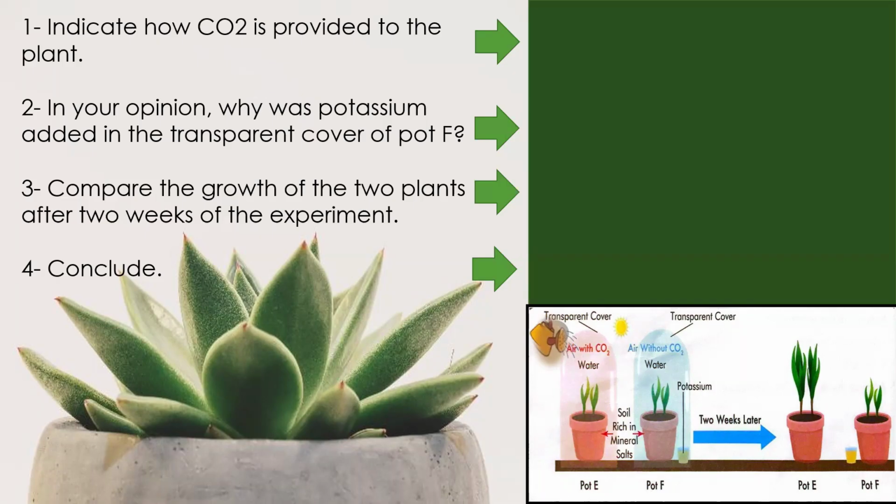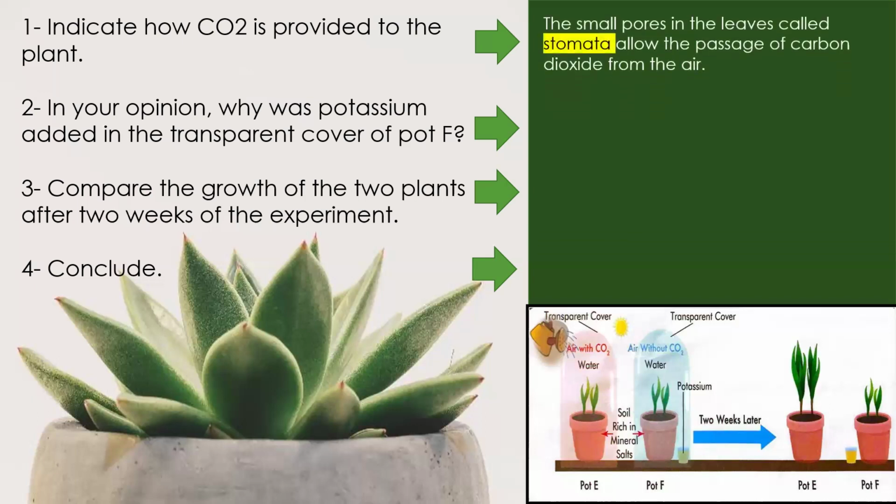And CO2 is found in the environment, in air. So the small pores in the leaves called stomata allow the passage of carbon dioxide from the air. CO2 is absorbed by the leaves through their stomata.